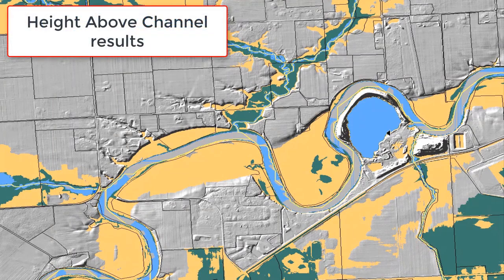When we did not include lakes or wide rivers in our assessment, the height above channel output would look like this, where you can see this lake here is being classified as less than 1 to 5 meters above the channel. There are in-channel portions that are also classified with this, which is wrong. This is a misrepresentation.